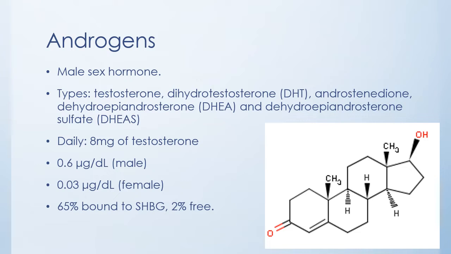On a daily basis, we produce about 8 milligrams of testosterone, and in male you have 0.6 microgram per deciliter and about 0.03 microgram per deciliter in female. About 65% is bound to sex hormone binding globulin and about 2% is free.